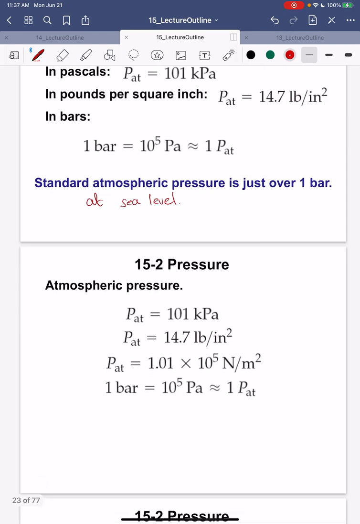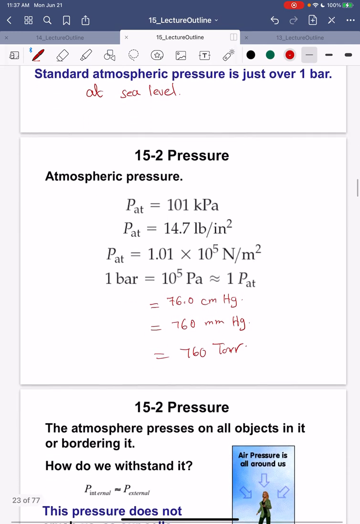I can say also, when we study barometers, that this is 76 centimeters mercury or 760 millimeters mercury or 760 torr. These are all the units that we are using for the atmospheric pressure.